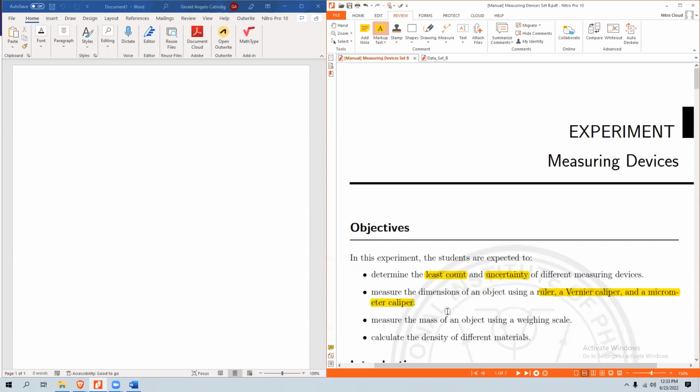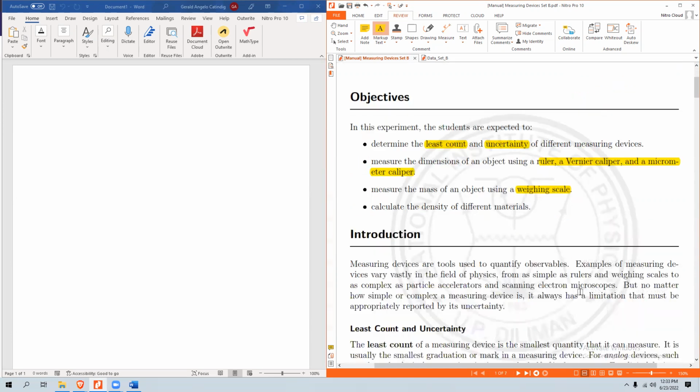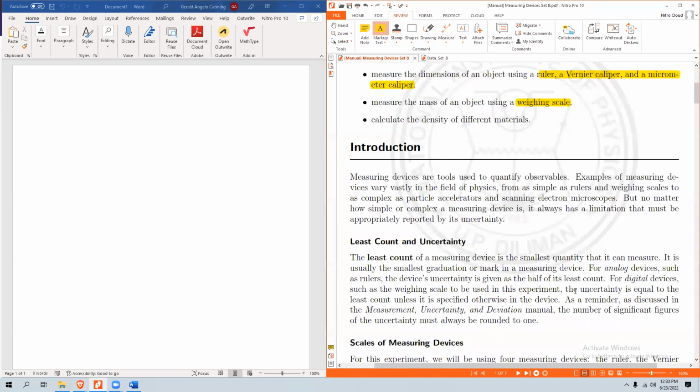Number three, we want to measure the mass of an object using a weighing scale. And lastly, we want to calculate the density of different materials using the measurements that we have obtained using these various devices. So let's have a short introduction.